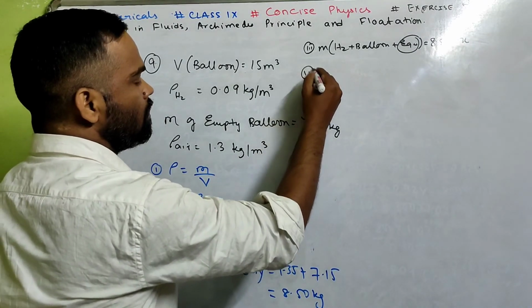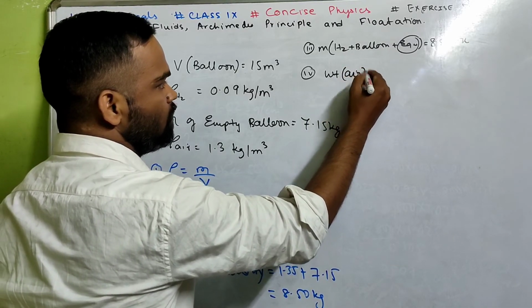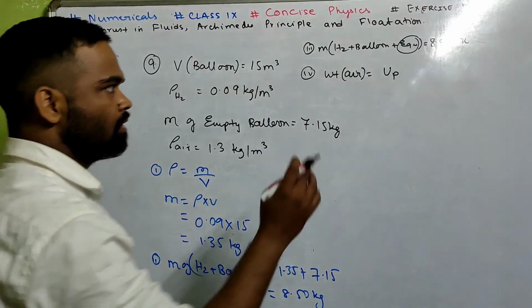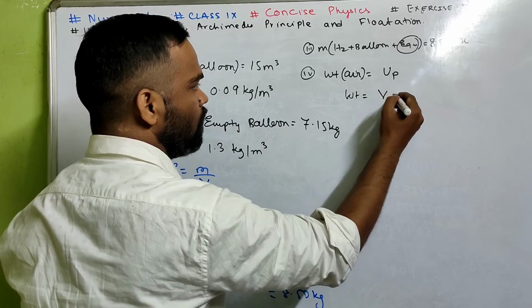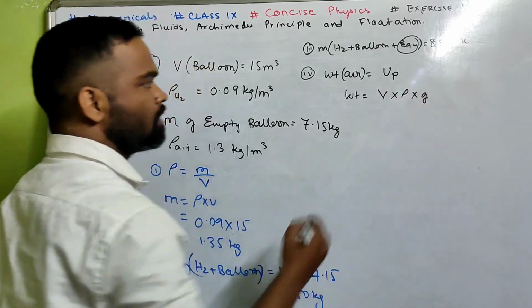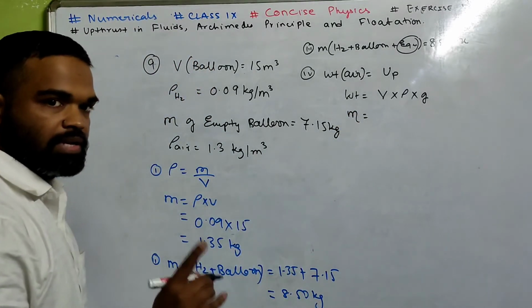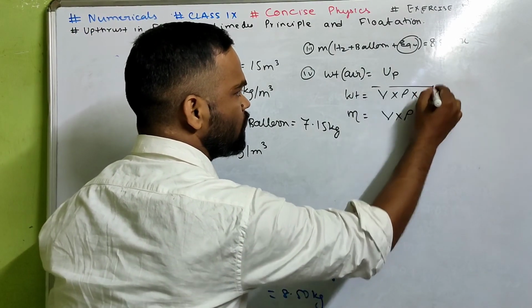The 4th one, the mass of the air displaced by balloon. Now, the weight of the air displaced by balloon is nothing but upthrust. Yes or no? So, this weight will be equal to volume into rho g. Which is mass will be equal to V into rho. So this was weight.